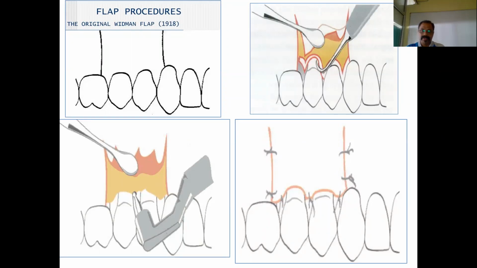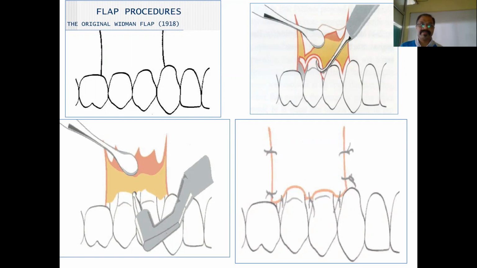Then you're going to reflect this full thickness flap with the help of a periosteal elevator. And then you're going to go with your second incision. What is the second incision? The crevicular incision or the sulcular incision. So your first incision is the internal bevel incision, and the second incision is your sulcular incision.